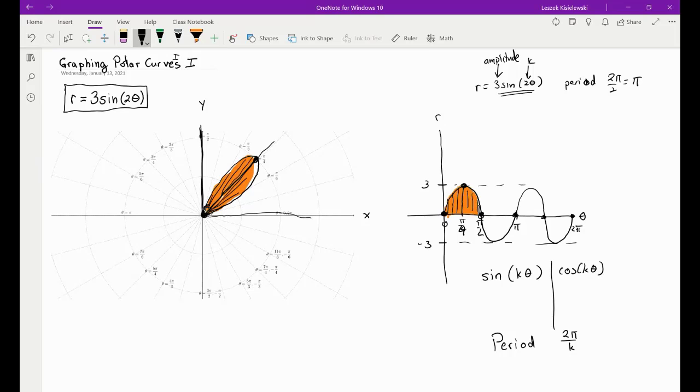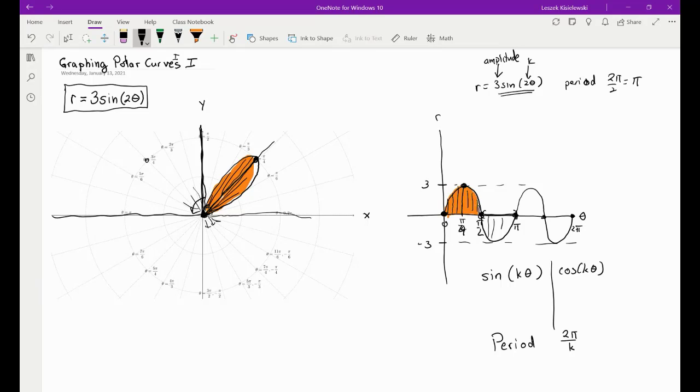Okay. So next we consider the angles theta between pi over 2 and pi. Here notice that r is negative, right? So instead of going in the positive radial direction, for those angles we go in the opposite direction. Once again, we start with r being 0 when our angle is pi over 2.